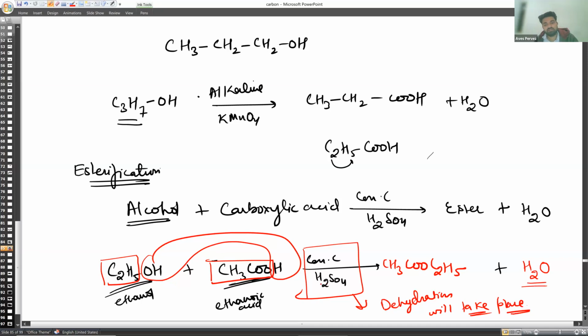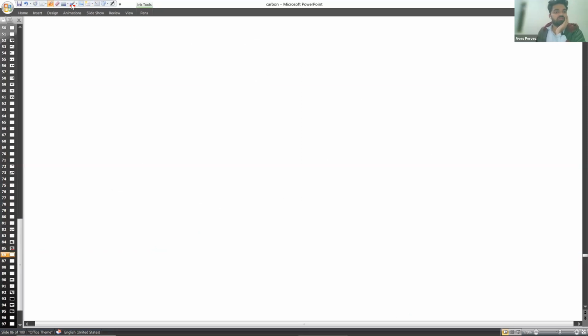And what is the name of this one? The ester. But what should be the name of CH3COONa? Is it sodium ethoxide?